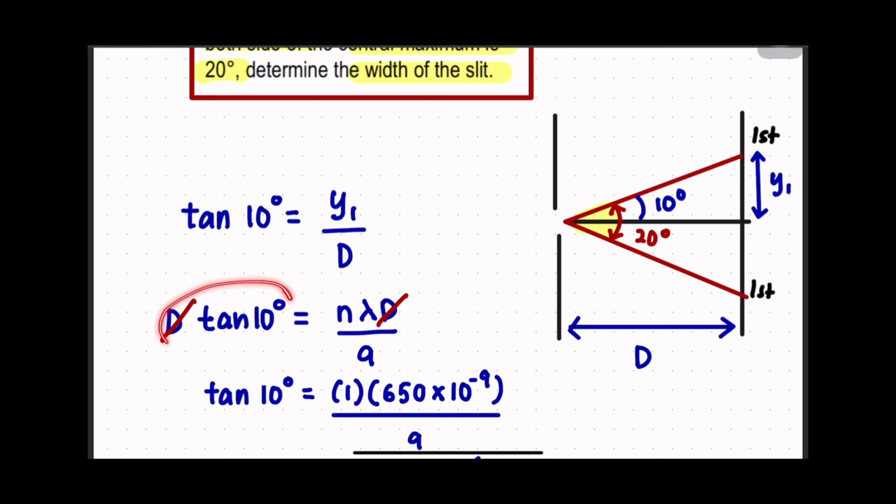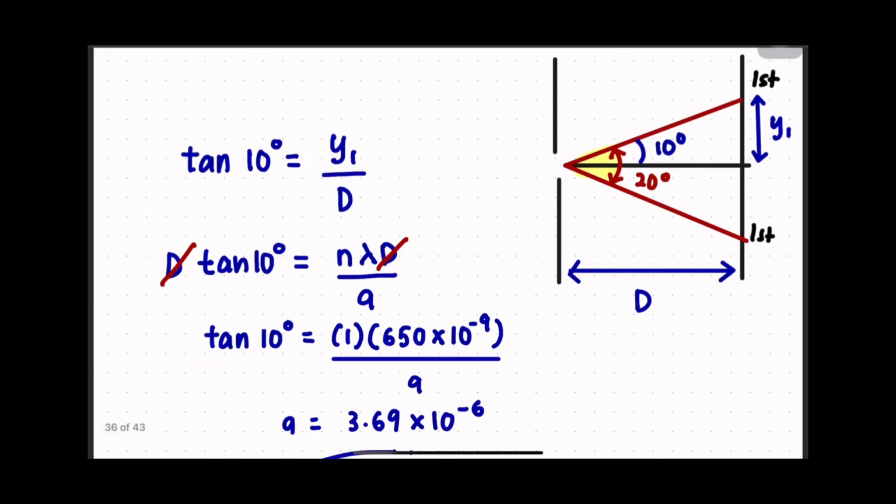So D tan theta. Okay, Y1 ni saya kembangkan jadi formula N lambda D over A, supaya D ni saya nampak untuk saya potong. Okay, after that saya gantikan nilai, saya dapat A is equal to 3.69 times 10 to the power of -6 meter. Jangan tertinggal unit.